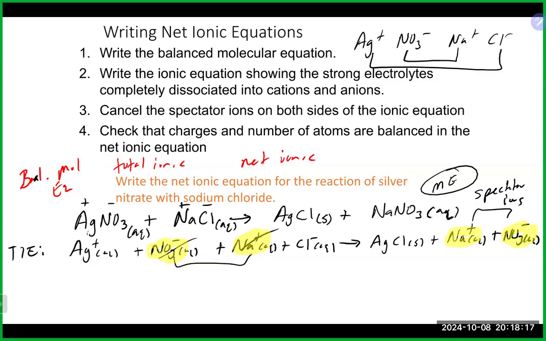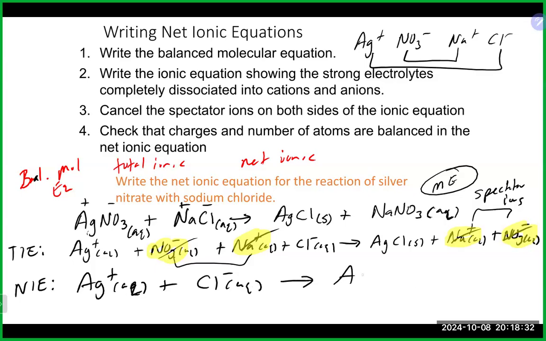So we do scratch them out, and we are left with our net ionic equation here of the silver ion coming from the silver nitrate. We'll go find the chloride ion that's coming from the sodium chloride, and they will actually come together and form a solid silver chloride in this case.